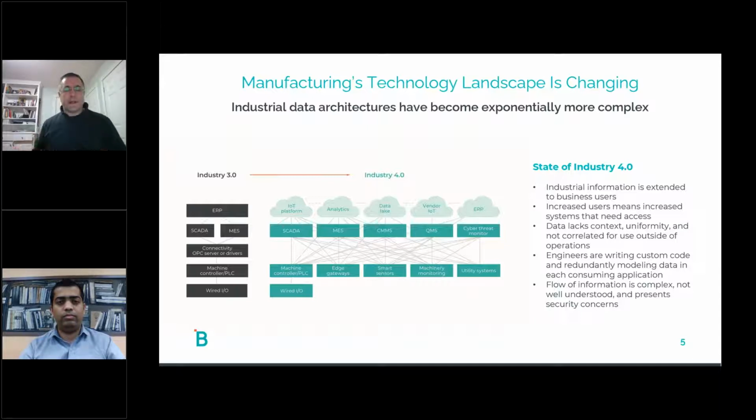And then we're seeing the advent of data lakes and analytics in the IoT platforms. In many cases, these are in the cloud, but they don't have to be in the cloud. In some cases, people are keeping these on premise if they don't have the cloud infrastructure to be able to leverage them, but they're still implementing these practices.